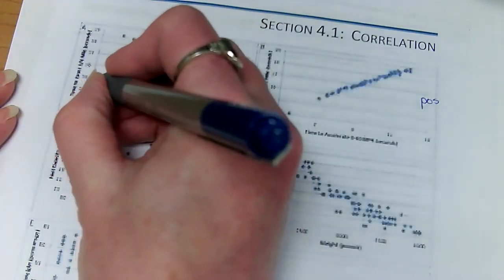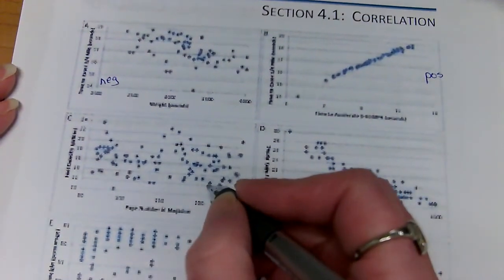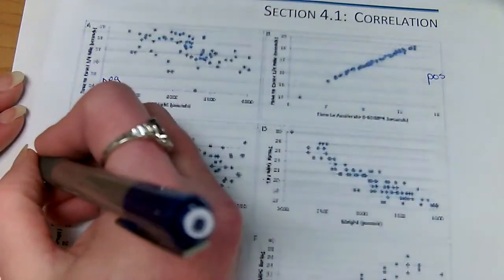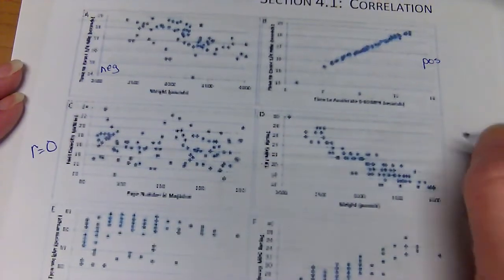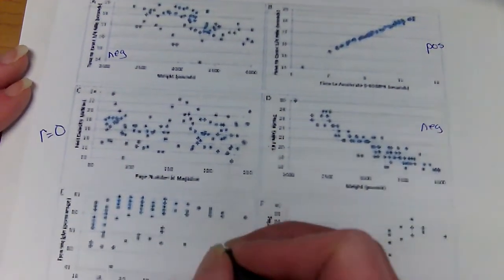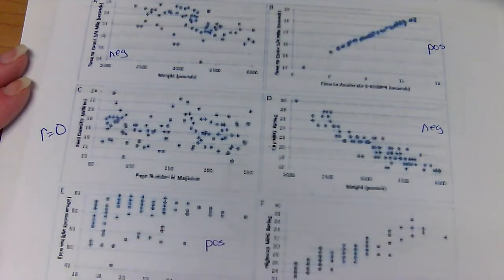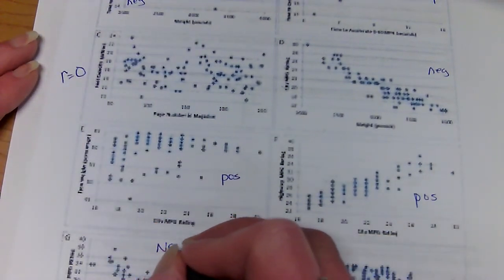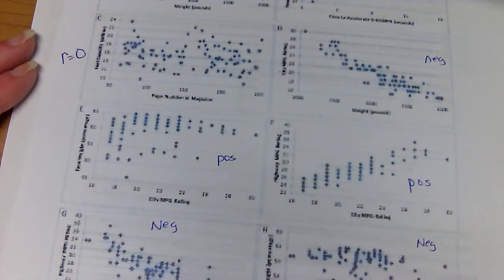This one looks like it's negative. This one looks like it's all over the place. Does it look positive or negative? Not really. This would be r equals 0. I don't see any patterns. This one's negative. This one's positive, but not really good positive. This is another positive. This one's negative. It's going down. This one's negative, but not as good as that one.